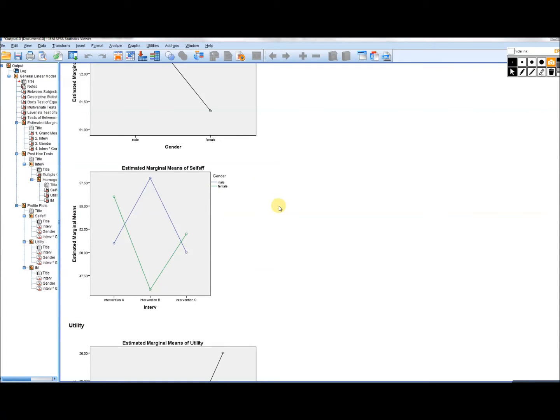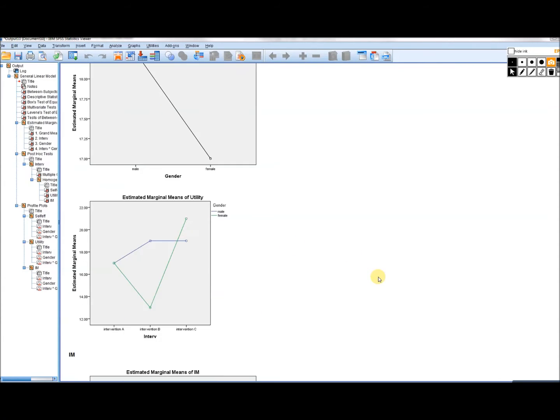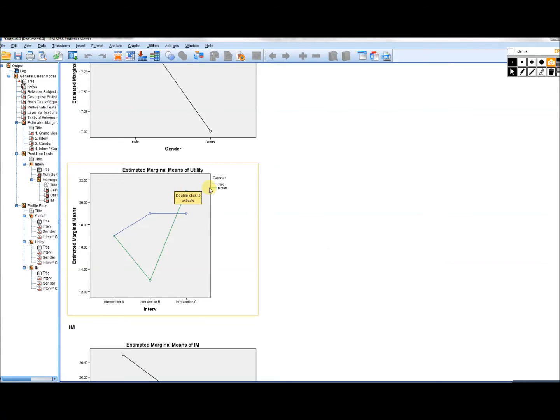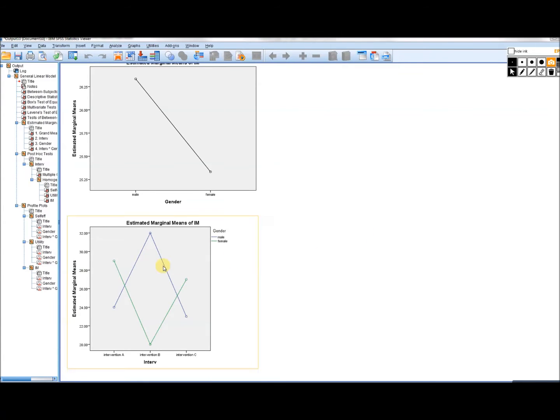So I illustrated looking at profile plots for the self-efficacy measure, looking at intervention group by gender, and essentially looking to see how the relationship between intervention group and self-efficacy changed across levels of gender. The same would go for the utility dependent variable and also for the intrinsic motivation variable.